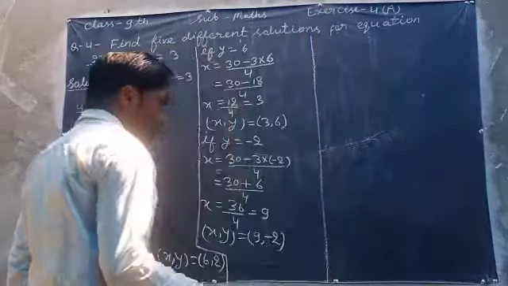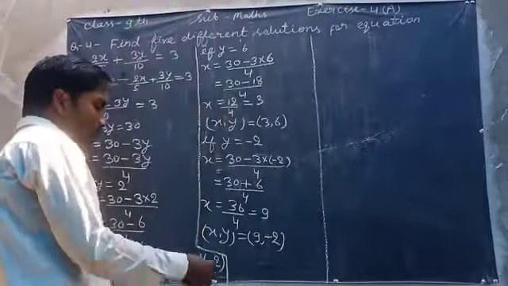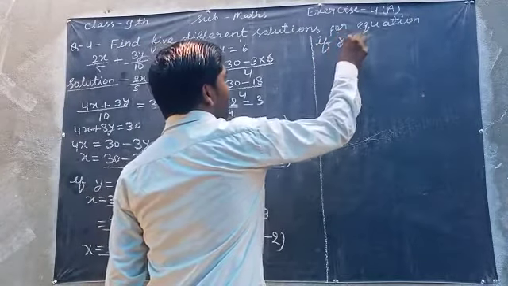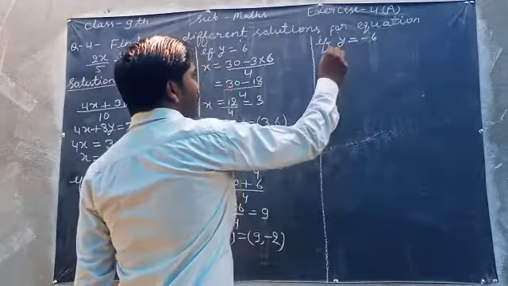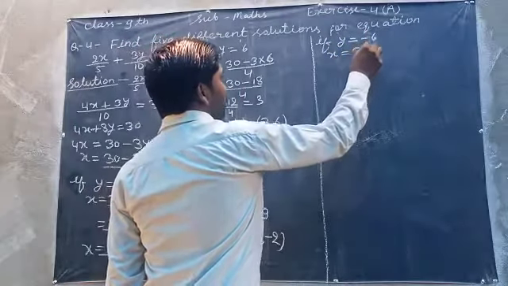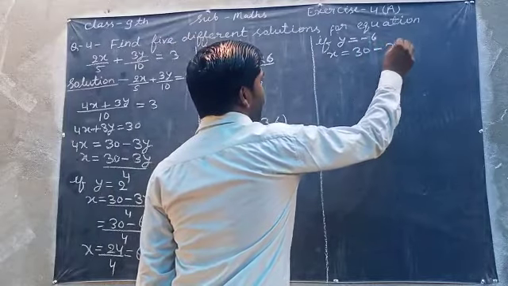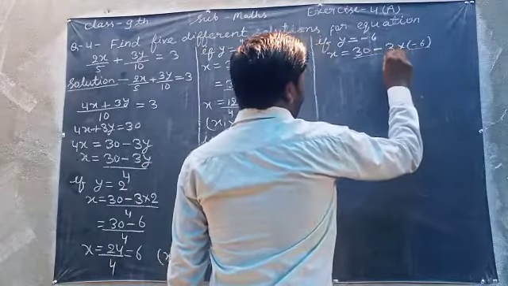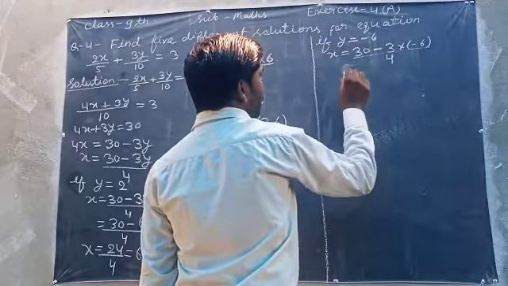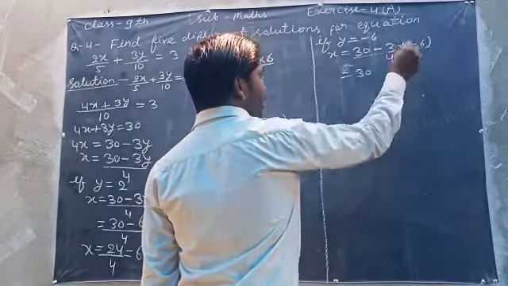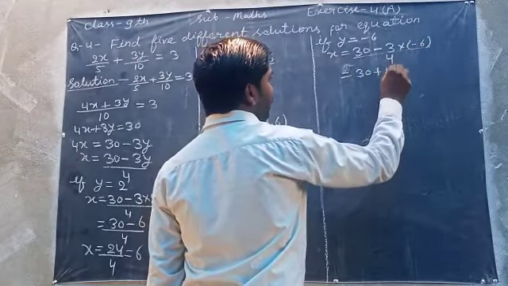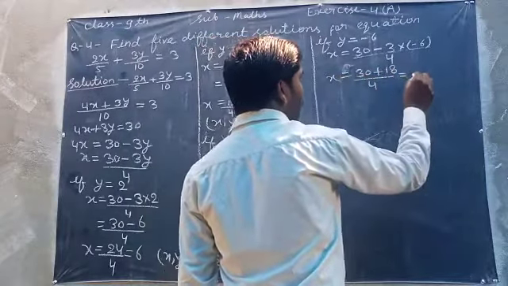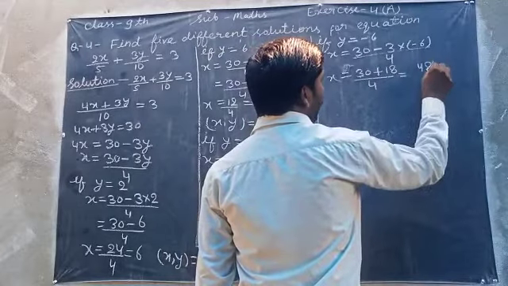Now we will find 2 more solutions to make 5 solutions. So now if y is equal to minus 6, then x is equal to (30 minus 3 into minus 6) upon 4. So it will be (30 plus 18) upon 4, which is 48 upon 4.